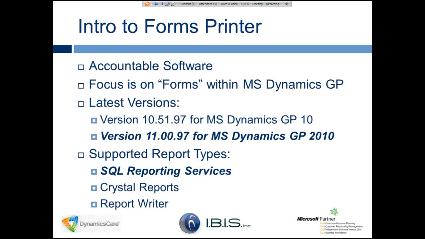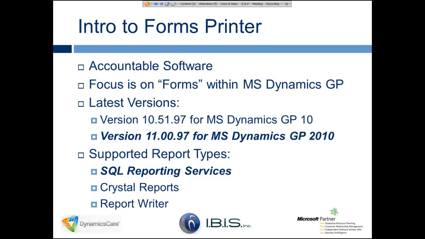The latest versions, the most up-to-date versions that they have for Microsoft GP 10 is 10.51.97, and for GP 2010 is 11.00.97. And then you see the supported report types. Forms Printer can be used to print SQL reporting services reports, Crystal reports, or report writer reports.